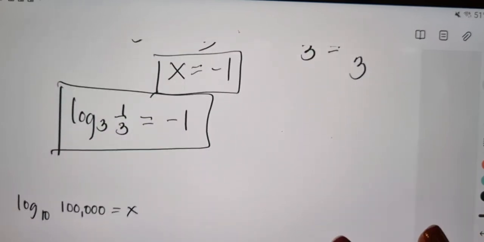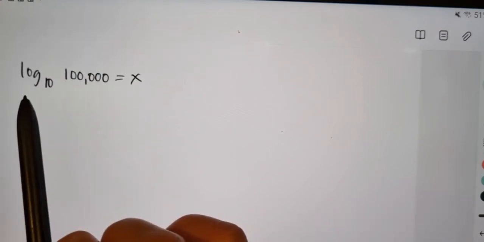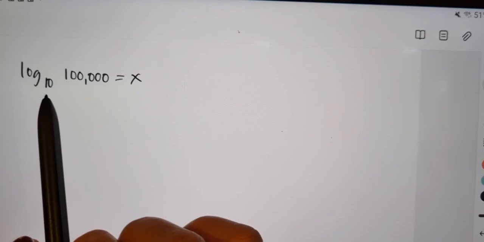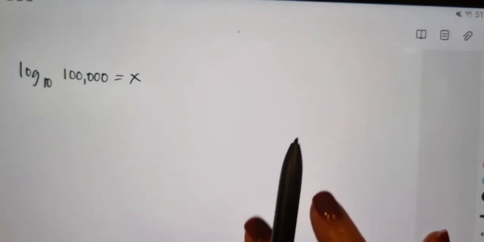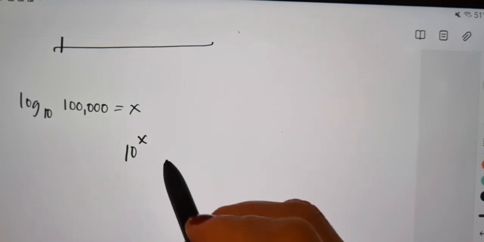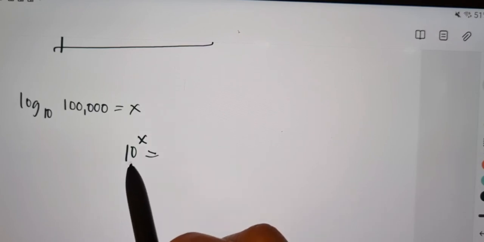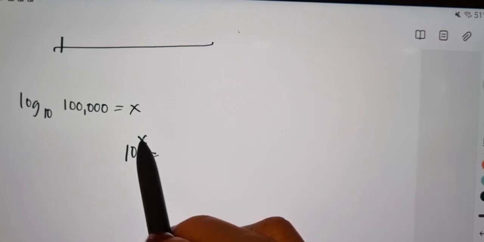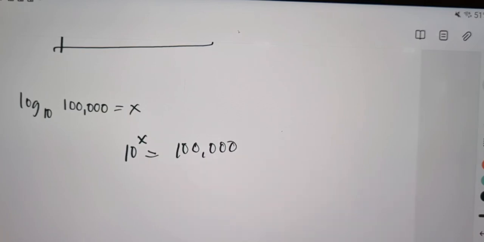Okay, now, what about if I have here log base 10 of 100,000 is equal to x? Okay, so now what would be the exponent of x? Ano daw maging exponent ng 10 na ang sagot ay magiging 100,000?